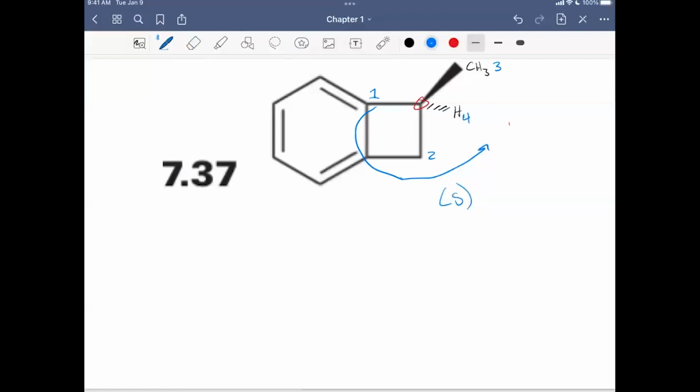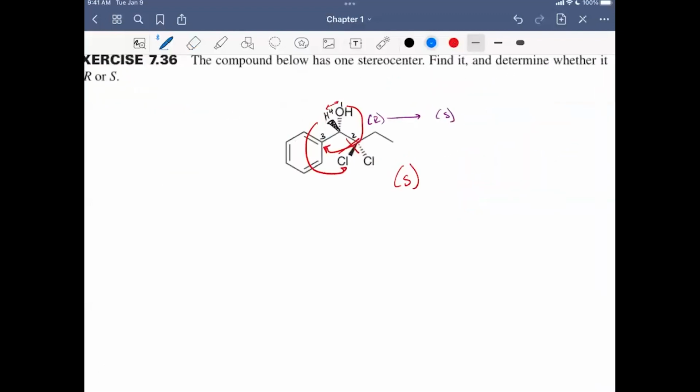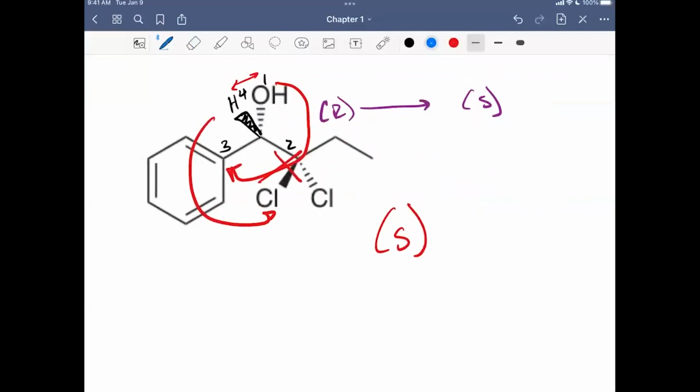So we don't have to switch anything around, but if you do encounter a problem like we did right here, all it takes is just remembering that our fourth priority is on a wedge, is on this wedge right here. And if our fourth priority is on a wedge, we just have to switch whatever configuration it was, we have to switch it to the other one. So that's the only thing here.